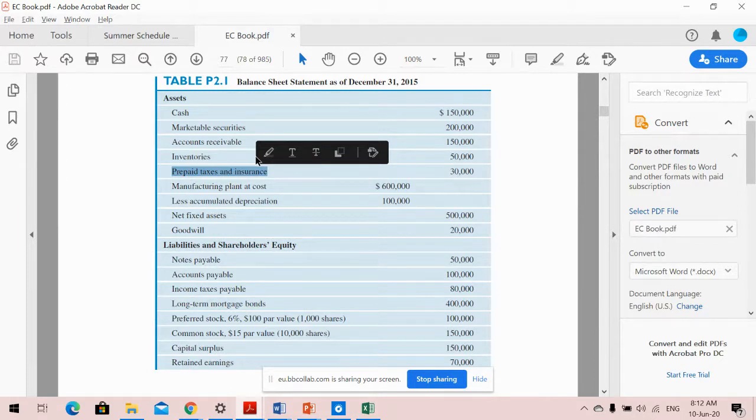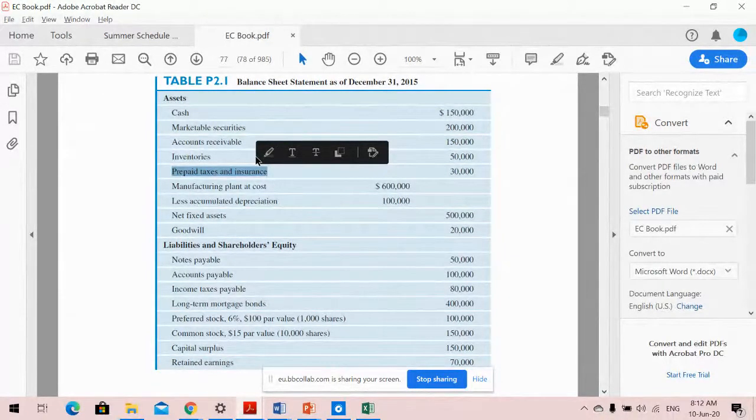It is kind of an expense, but at this point you pay money and purchase insurance, so it becomes an asset because you did not use your insurance yet. It is unused insurance. Of course, they will not give you money back, but in terms of accounting, it is a prepayment. You will use the insurance over a whole year.